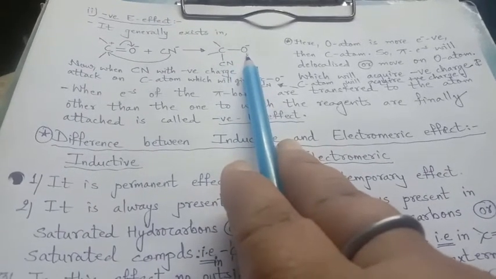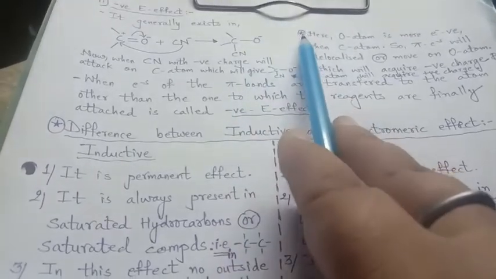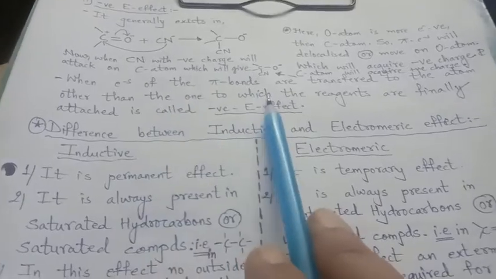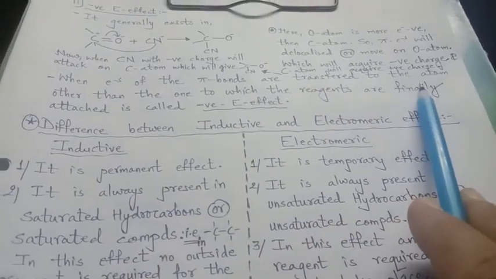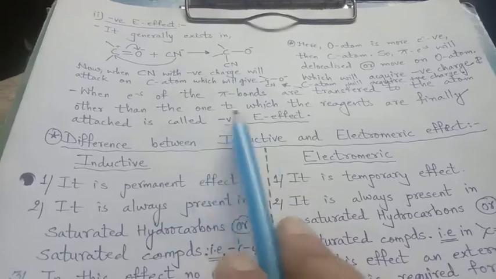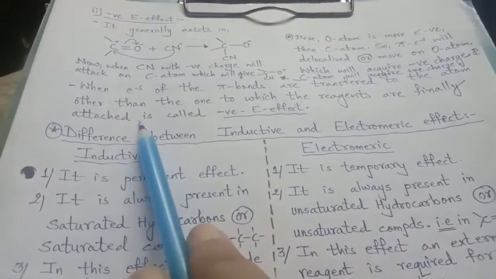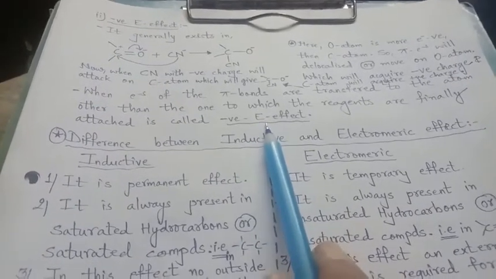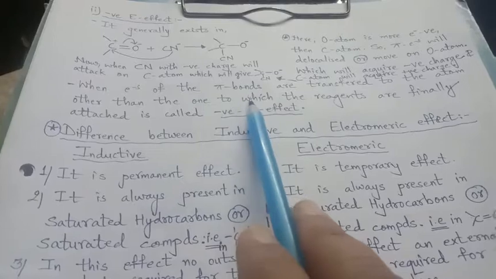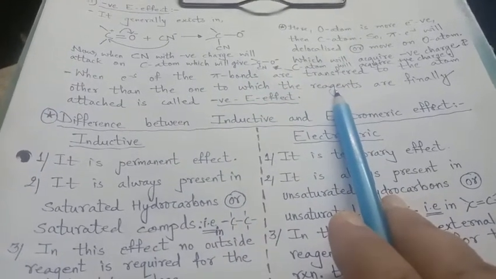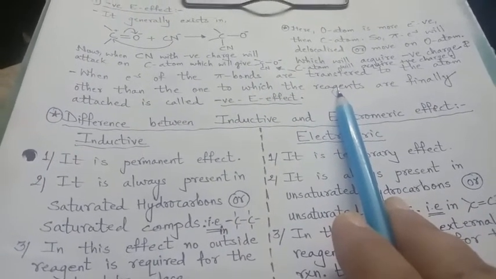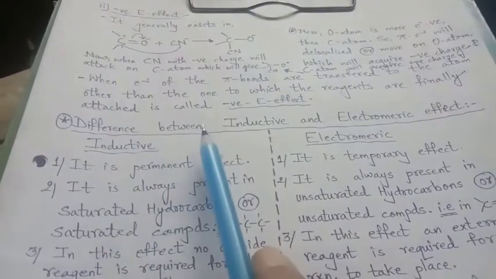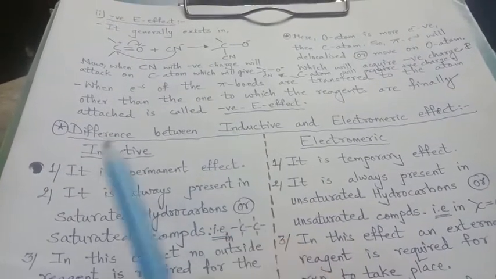That means it has acquired the electrons, but now it will attack some positive reagents. When electrons of the pi bond are transferred to an atom other than the one to which the reagent is finally attached, it is called the negative E effect. In the positive effect, what was there? When electrons of the pi bond are transferred and the reagent attacks the same carbon, it is termed the positive effect.